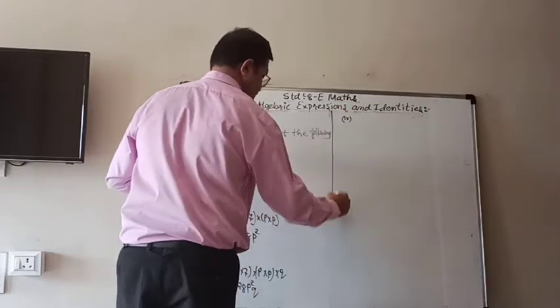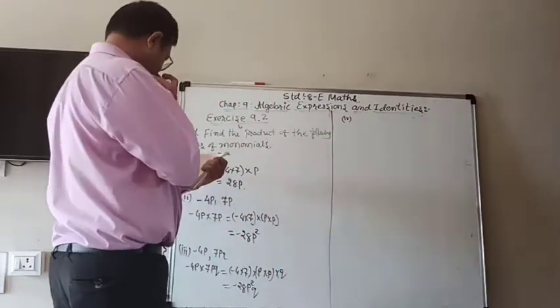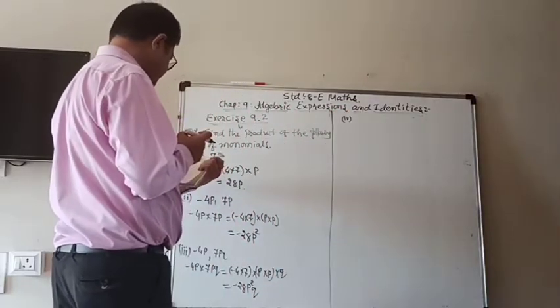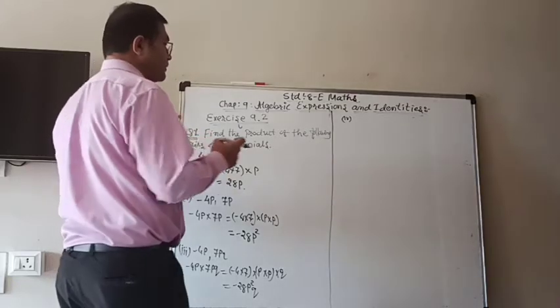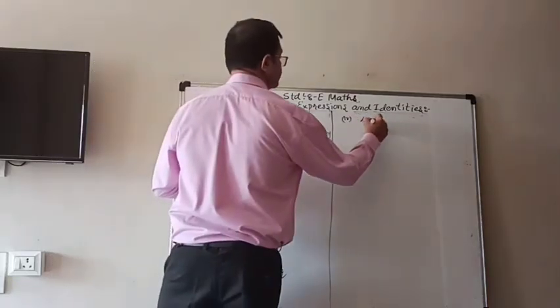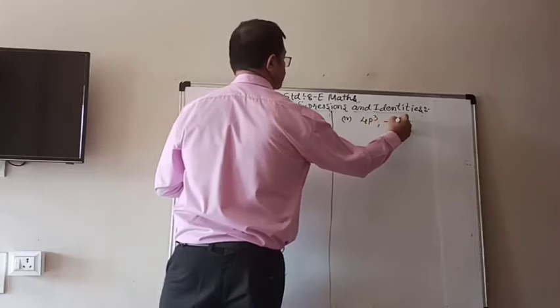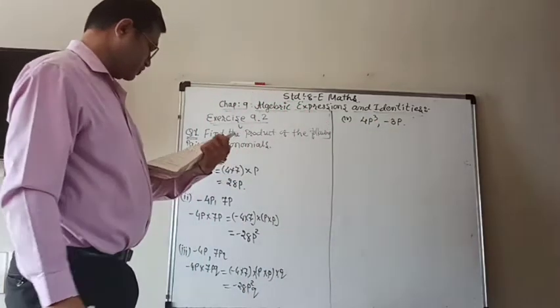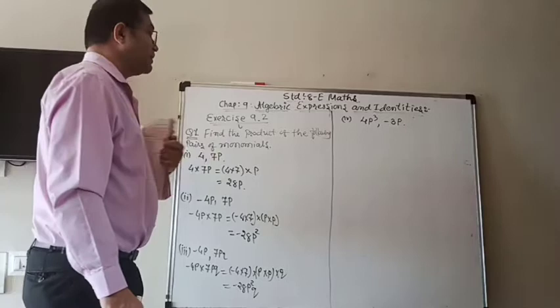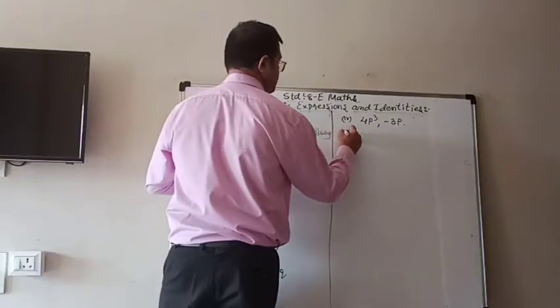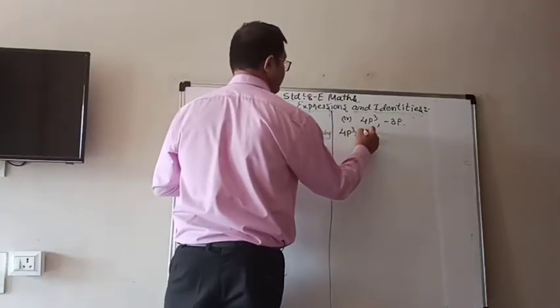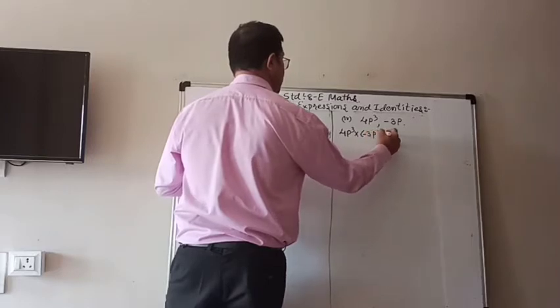Fourth one is 4p cube and minus 3p. So 4p cube multiplied by minus 3p.